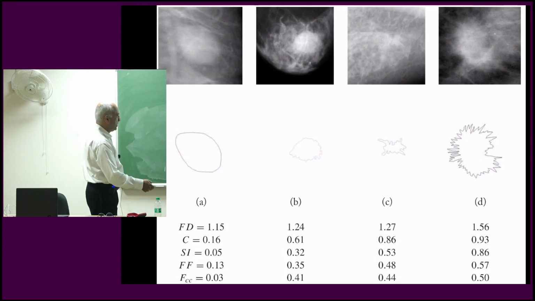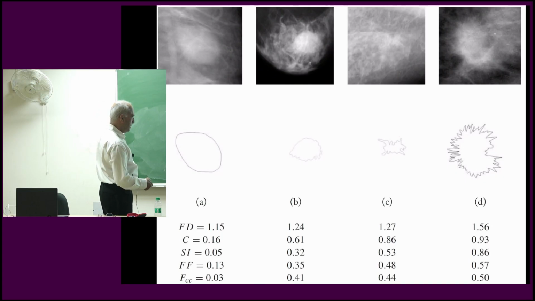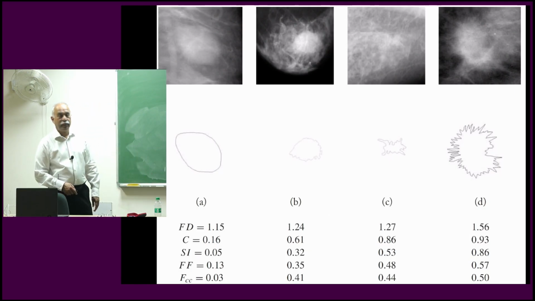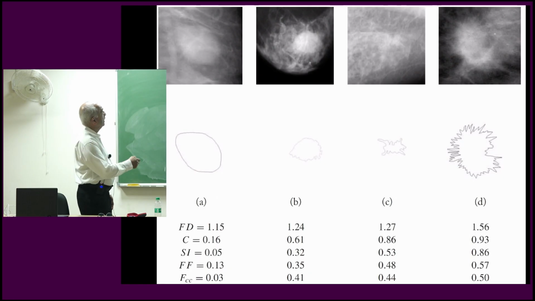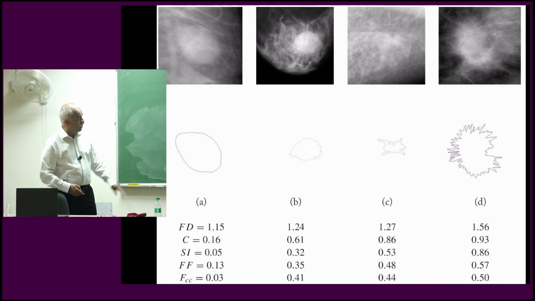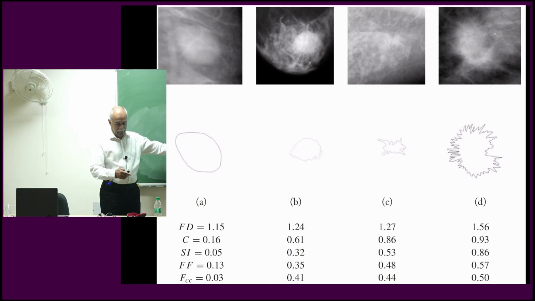Fractional concavity works well. We expect this to increase, A, B, C, D. And all of them are increasing as expected. Okay. The grayscale image, the contour drawn by the radiologist, and a feature vector now. So that's a feature vector.